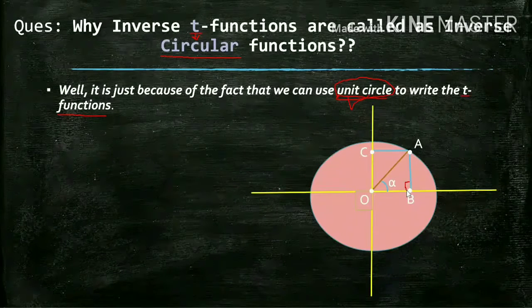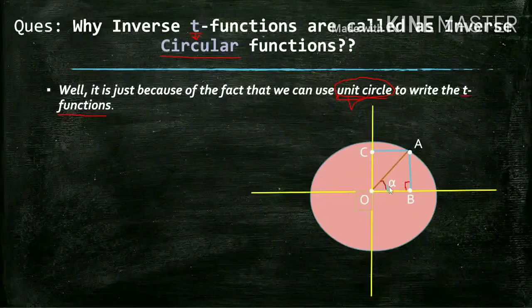This angle is 90 degree and this angle is alpha. What would sine alpha be? Perpendicular upon hypotenuse. Now what is the hypotenuse? Can you guess? It's 1. I said now it's a unit circle, meaning a circle of radius 1, and O A is a radius only. So it would be 1. So sine of alpha would be the perpendicular AB over AO. Now AO is 1. So AB would be sine of alpha.